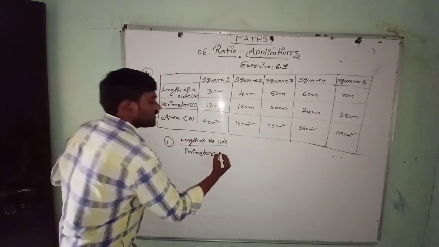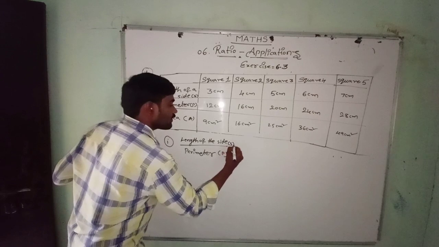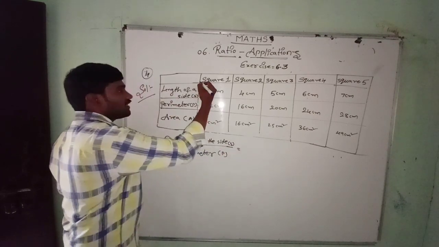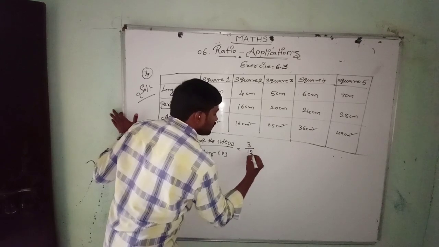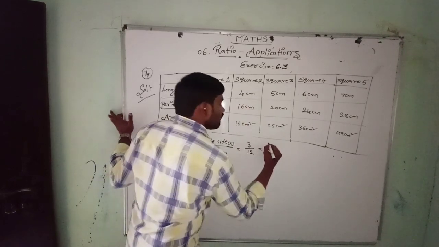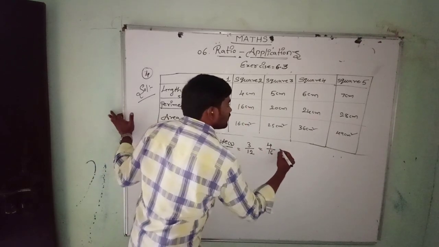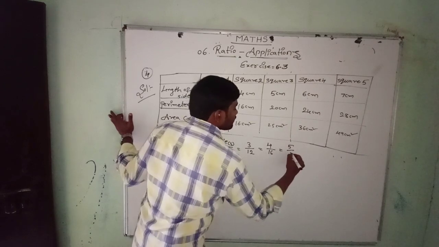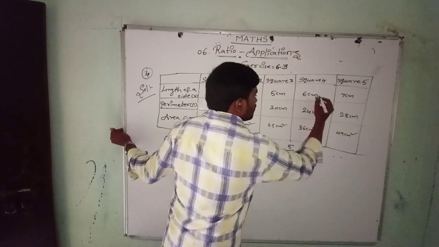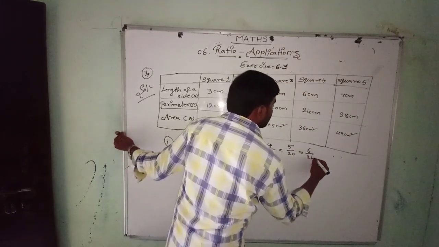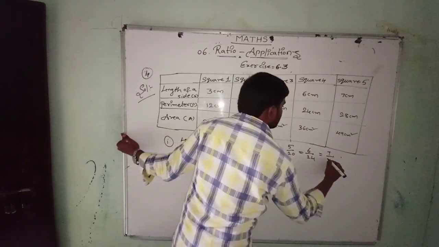In the same way here also we do it. Length of the side by perimeter: here 3 by 12, 4 by 16, equal to 5 by 20, equal to 6 by 24, equal to 7 by 28.